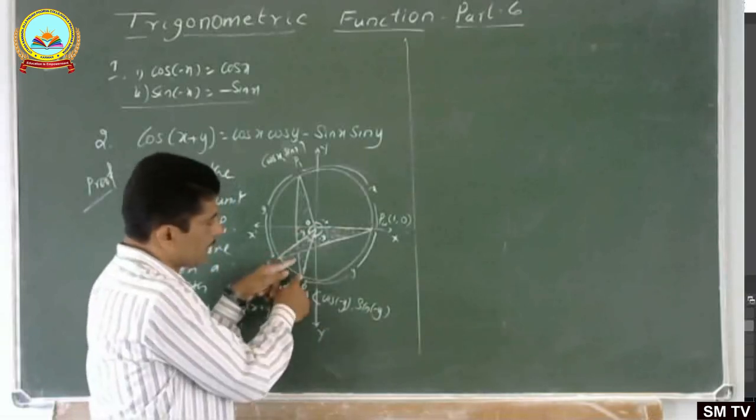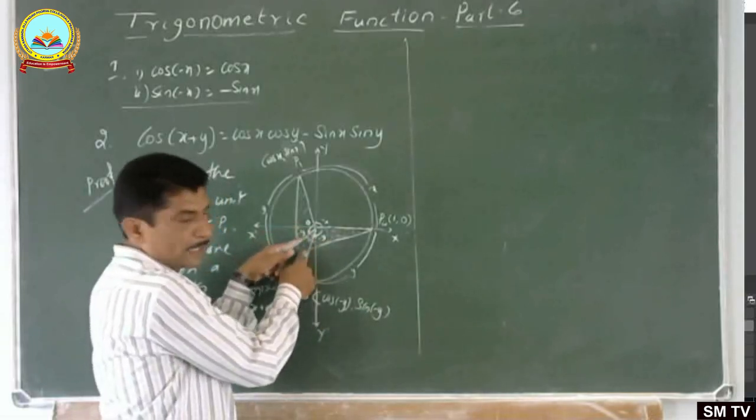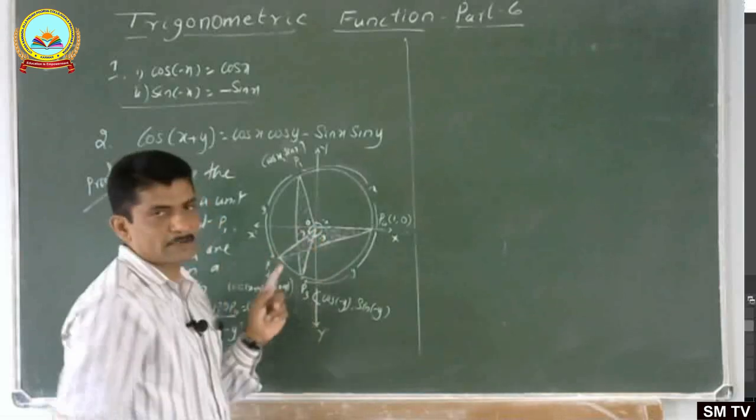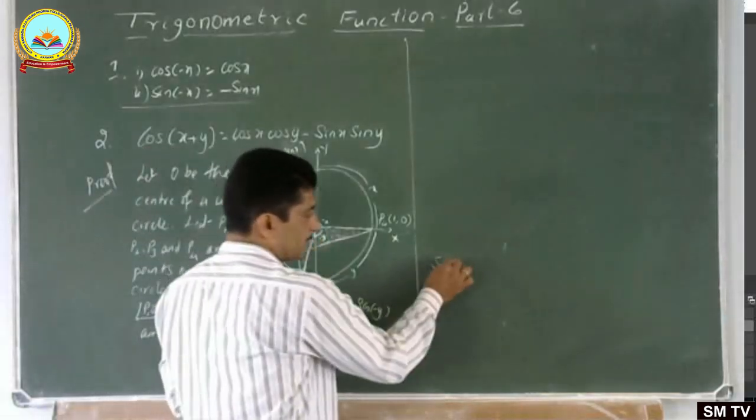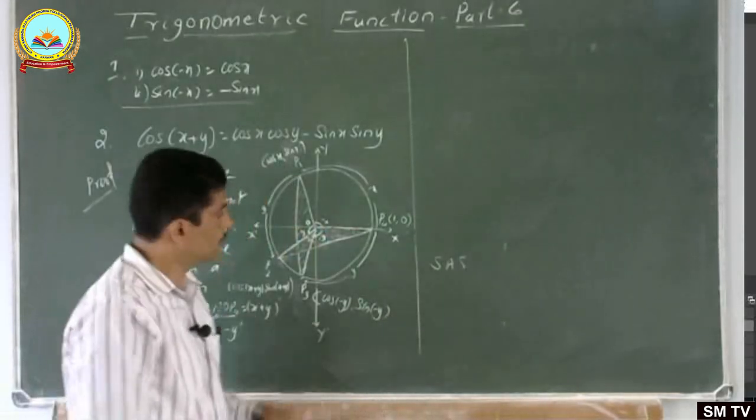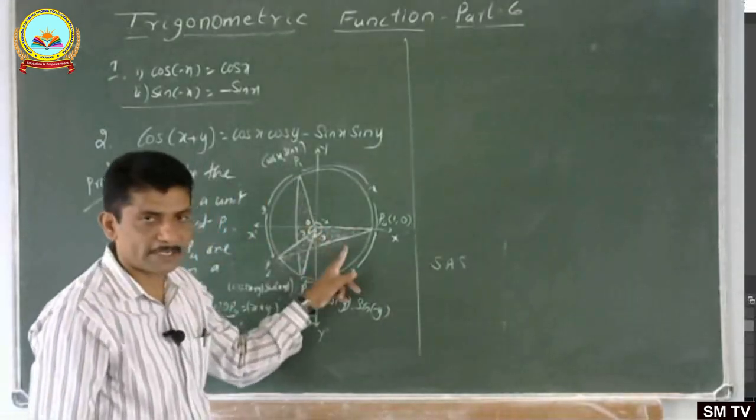This one is the common angle, y plus the same angle, therefore these two angles are equal. Here you know that two sides and one angle are equal, which means these two triangles are congruent triangles.